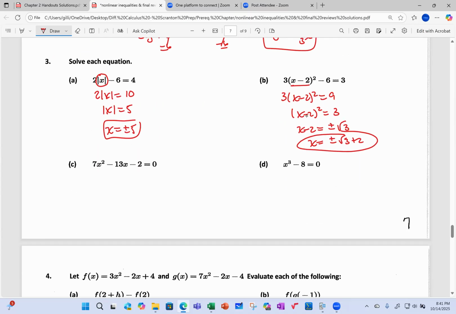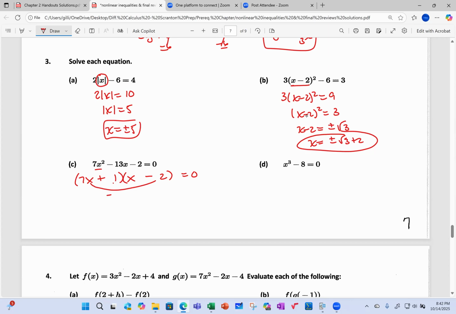Here, don't try anything too fancy with this. Just try reverse FOIL. So factors of 7x squared are 7x and x. And I'm going to try 2 and 1 here, minus here, positive here. I know that 7x times 1 is 7x squared, and 1 times minus 2 is minus 2.